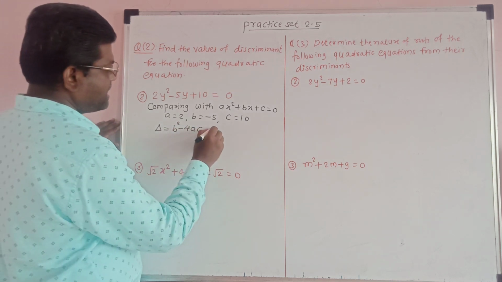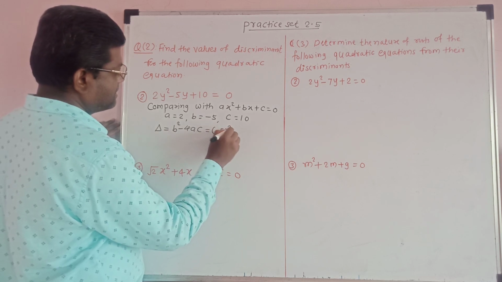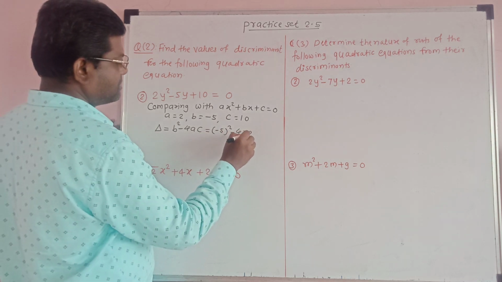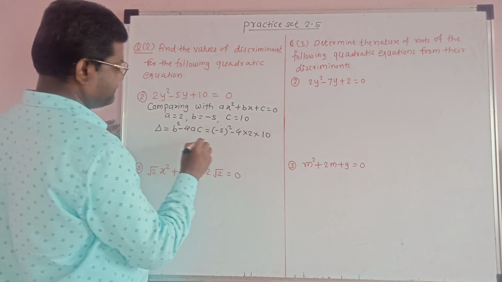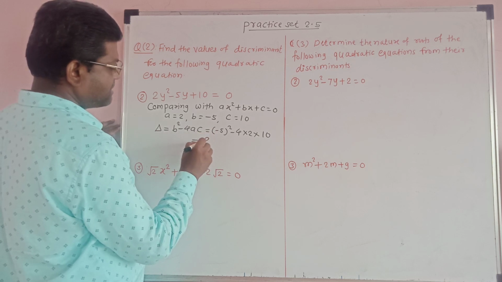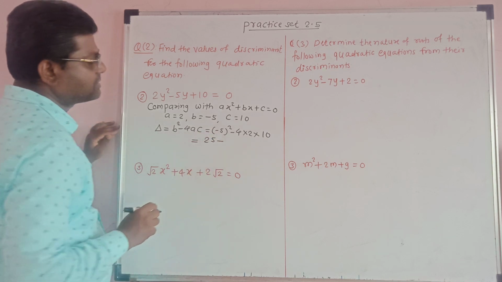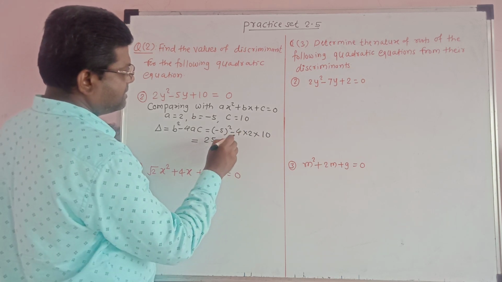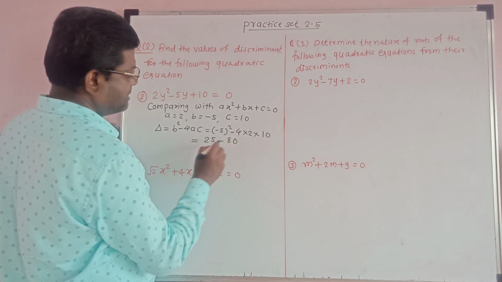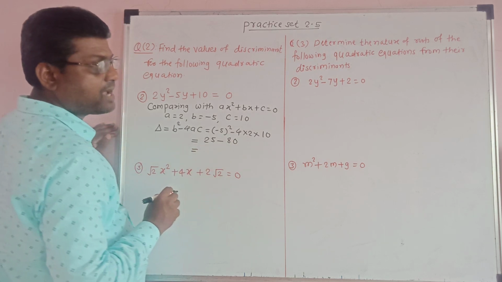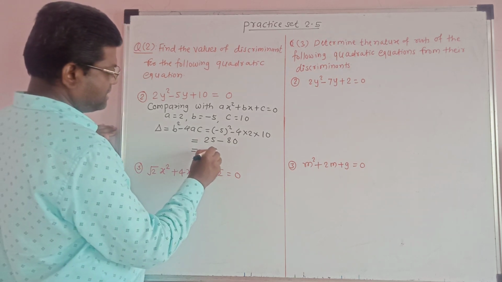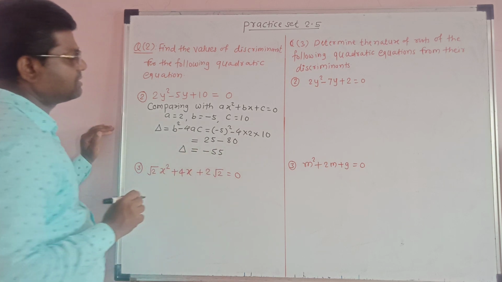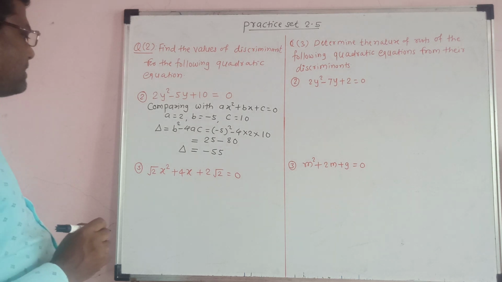So (-5)² - 4 into a, which is 2, into c, which is 10, equals (-5)², which is 25, minus 10 into 2, 20, into 4, that is 80, and 25 - 80 will be -55. Therefore, value of discriminant here is -55.